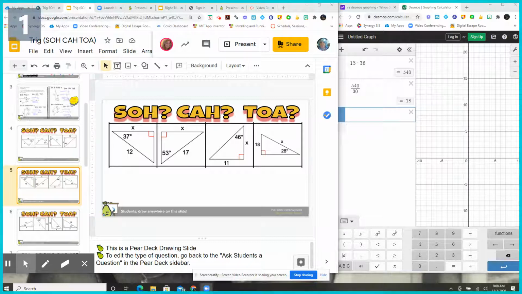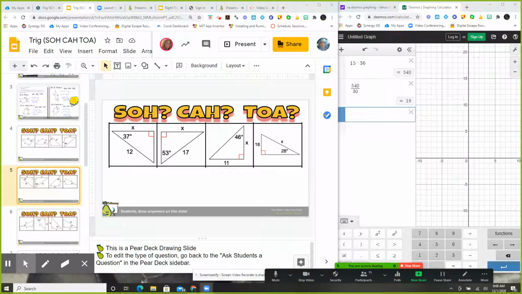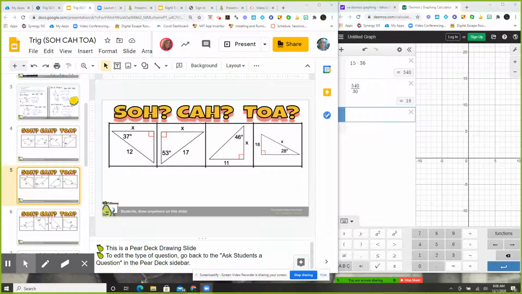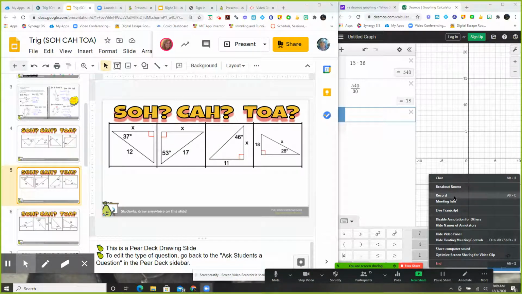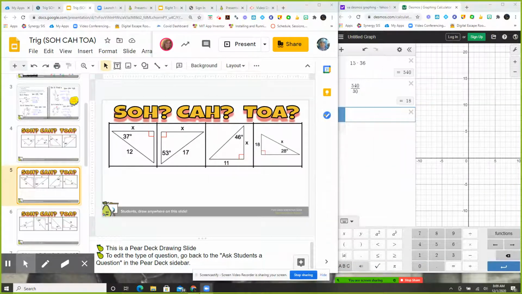Welcome back, everybody. Were you able to get through at least one slide? I don't know how to move the letters, like how you move them in the first slide. In the first slide, you can only move those if you're in the Google Slides. In a Pear Deck, I can only put one tool in a slide, which is frustrating.